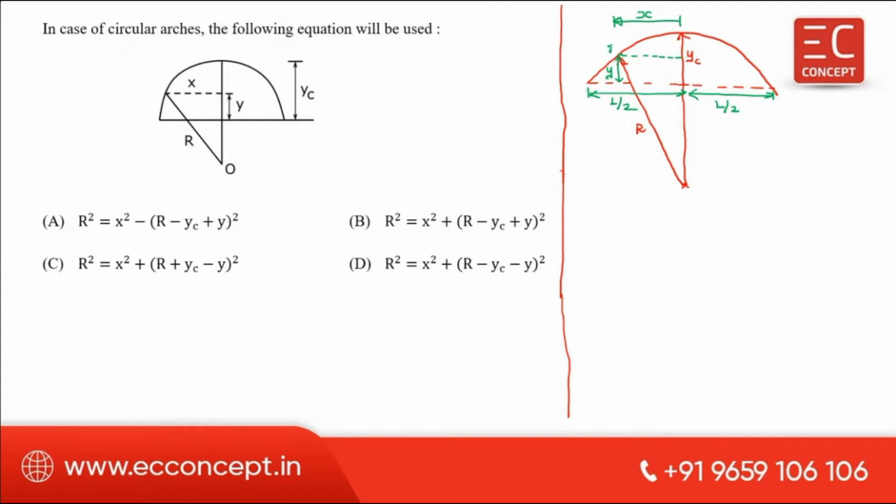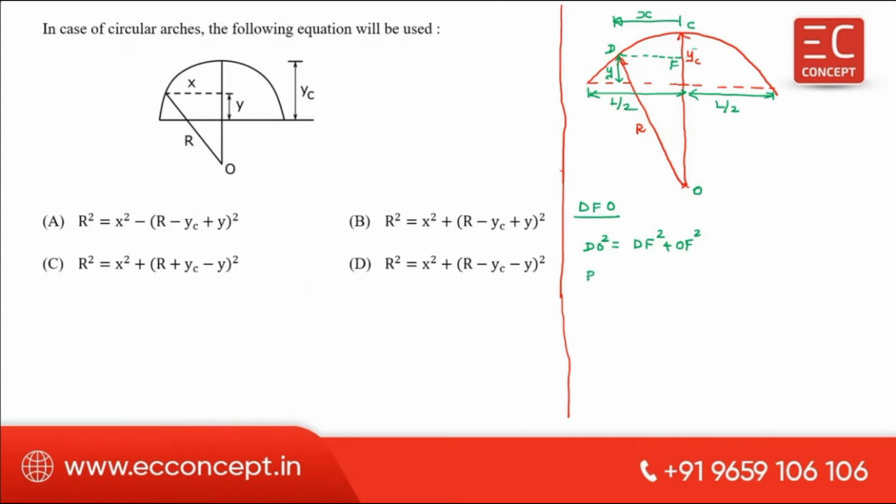Let me take this point as D, this point as C, and this point as F. This point we can call O. Now in this right angle triangle DFO, DO square is equal to DF square plus OF square, right?